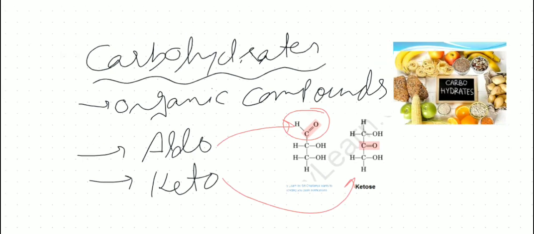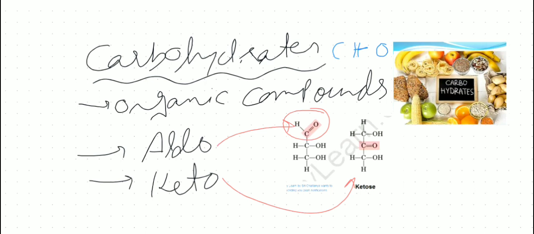These carbohydrates are very important. As you see in the diagram, there are so many types of food material like fruits, vegetables, cereals, and grains, which are actually carbohydrates.